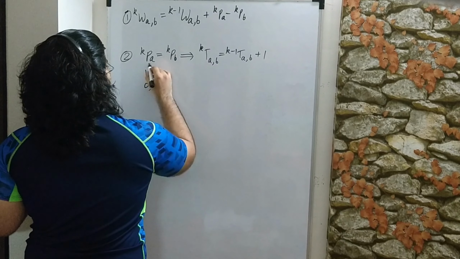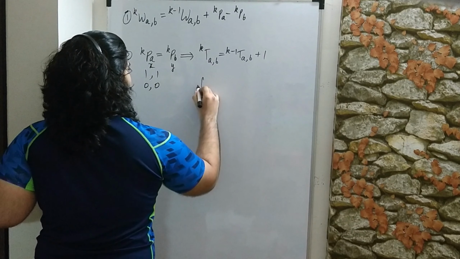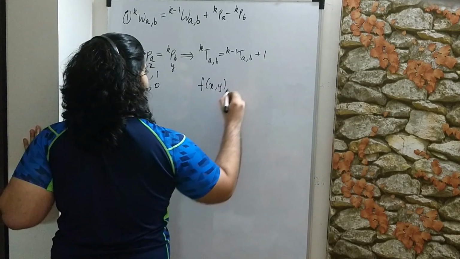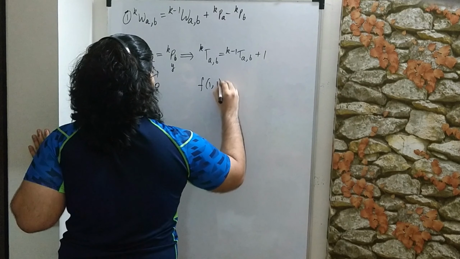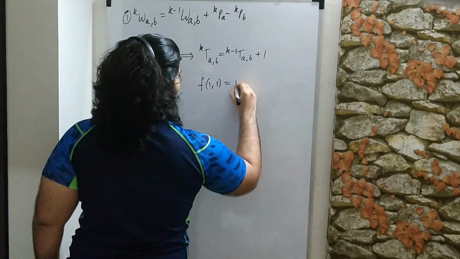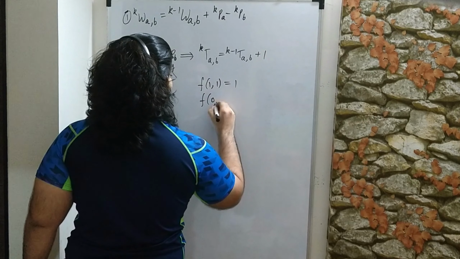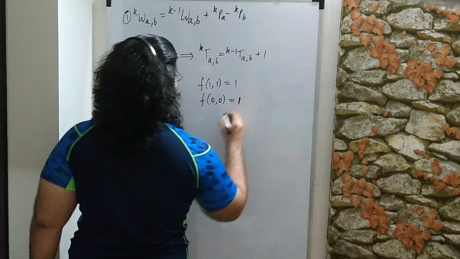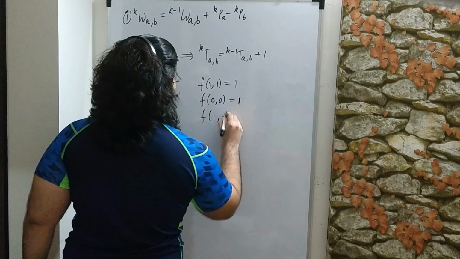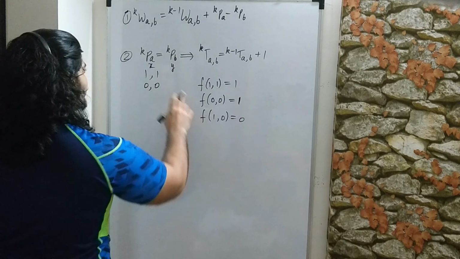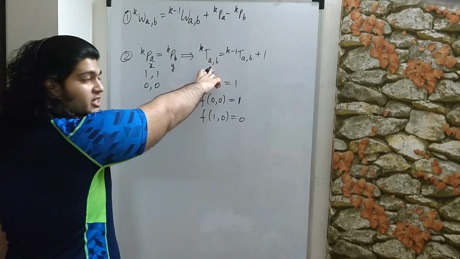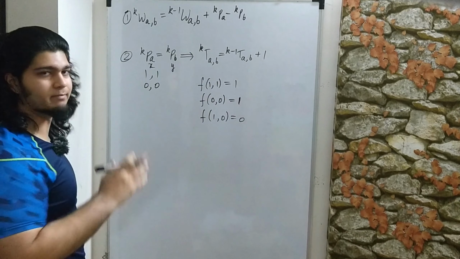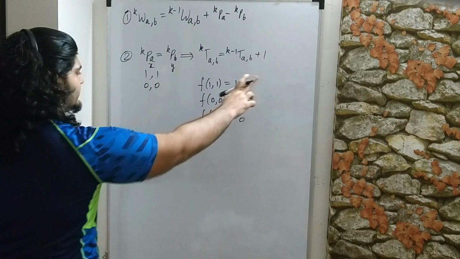So if I call this x and this y, then we want f of xy to be such that f of 1 1 equals 1, f of 0 0 equals 1, and f of 1 0 equals 0, because if this is equal to 1 and this is equal to 0, then we don't want this guy to change. We just want it to remain the same. So we'll do a +0 over here instead.